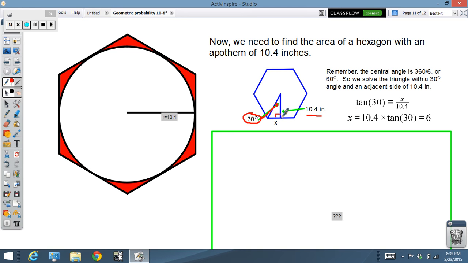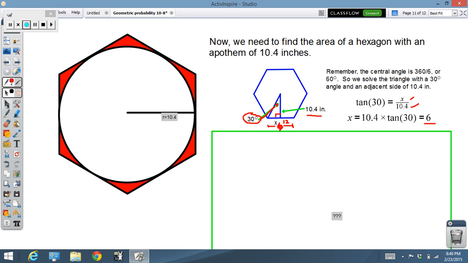So remember that the tangent of 30 is the opposite over the adjacent, or the tangent of 30 is x over 10.4. Multiplying across, x is going to be 10.4 times the tangent of 30, and that comes out to be 6. So I know x is 6, which means this entire side length must be 6 plus 6, or 12, right?